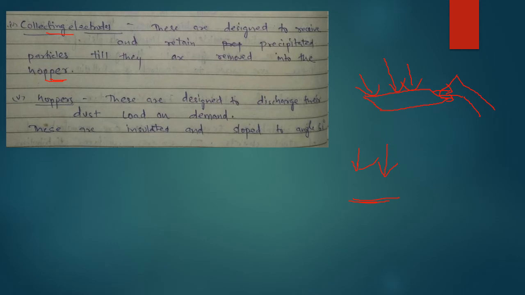These are designed to discharge their dust load on demand. These are insulated and sloped at an angle of 60 degrees. That means the angle that I have made here is 60 degrees, for easier removal of dust particles that have settled down at the bottom.